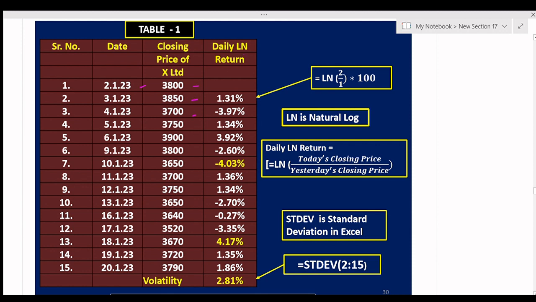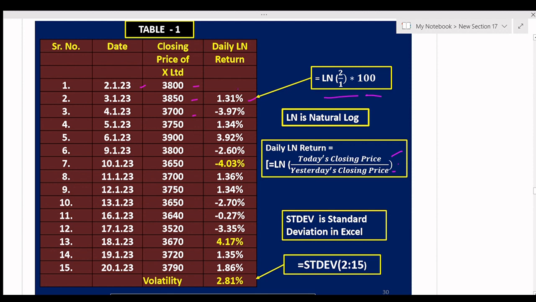And daily ln means natural log return, and this is computed using the Excel sheet, and the formula is ln of today's closing price by yesterday's closing price, into 100.